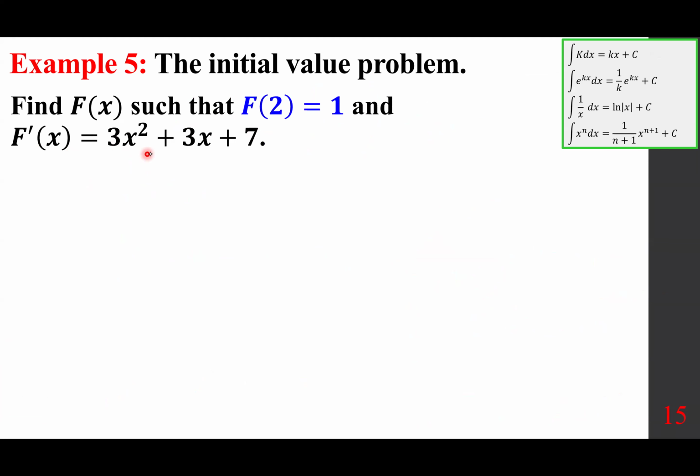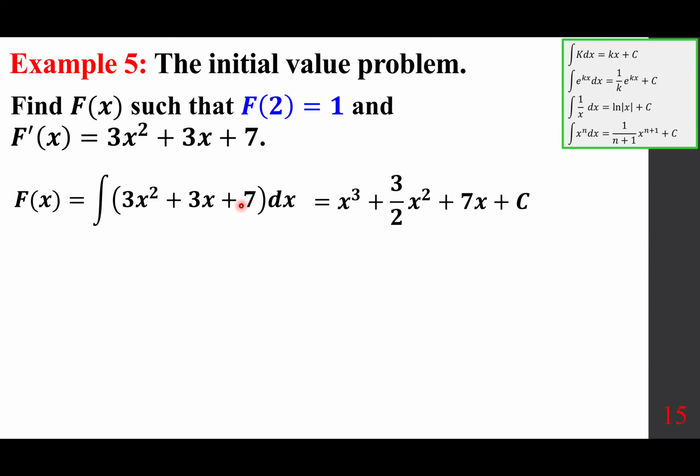So you're going to integrate to get to capital F of x. You're going to integrate this, of course, times dx. And for now, we're going to ignore that. And this is a very simple power rule. x cubed plus 3 halves x squared plus 7x plus a constant.